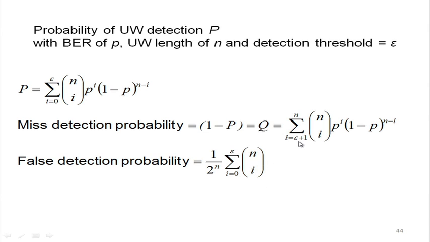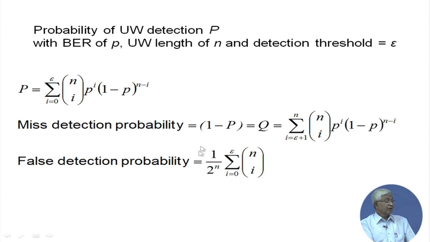In some cases people do not tolerate errors, so epsilon is 0, and this summation has to be from 1 to n, that is, the header size or unique word size. In some cases the tolerance is there, and based on that you can do the misdetection probability calculation.